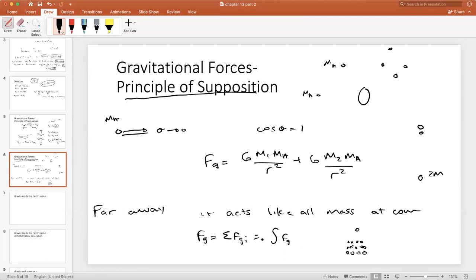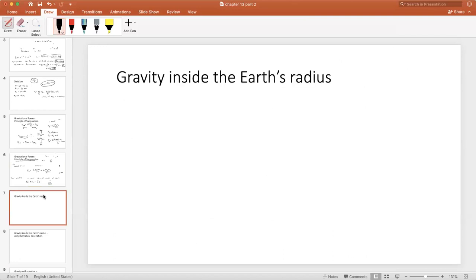It's an infinite sum, or a sum of infinitesimals is kind of how we say it. That's not really important to you if you don't really care about the calculus so much, but this is why he had to develop calculus, was he was trying to sum a very large number of masses and to see what happened. So let's talk about a bigger problem.